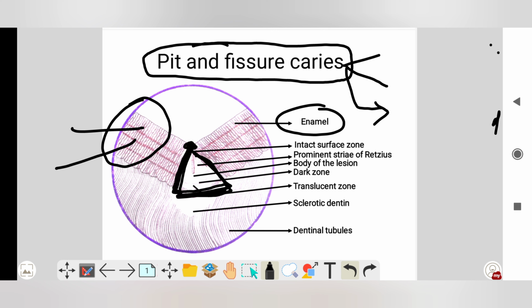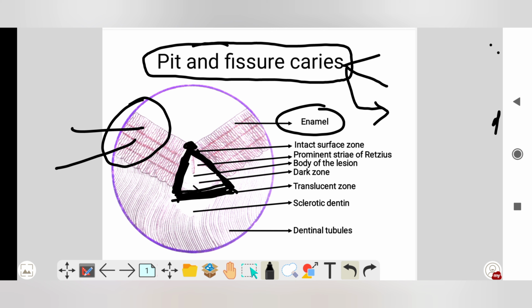These are very dangerous. Clinically they look like a small pit and fissure, but they involve more enamel just below the occlusal surface, the subsurface enamel.